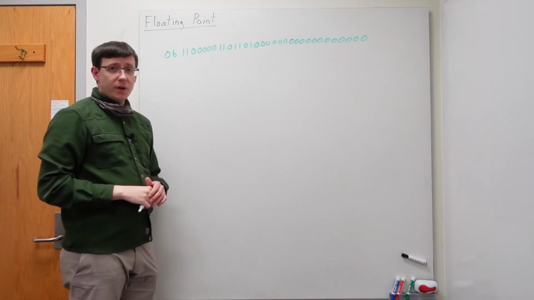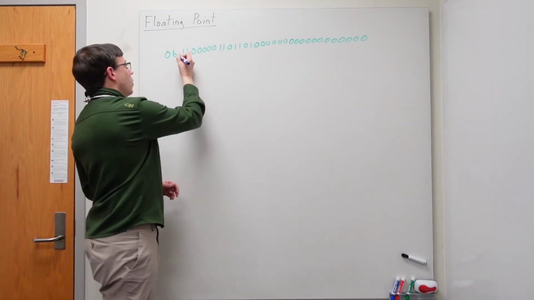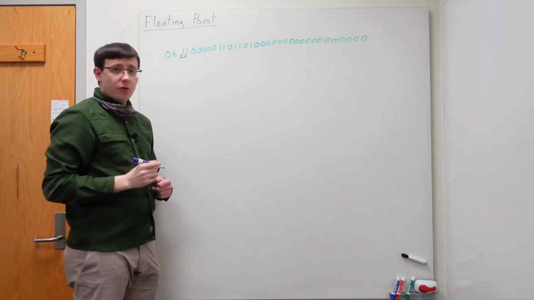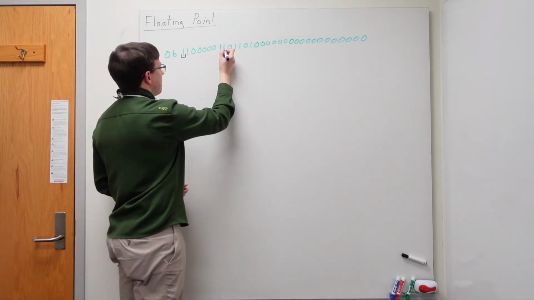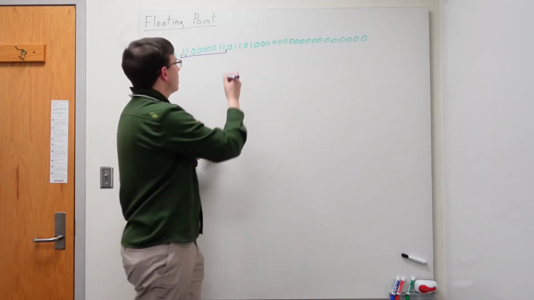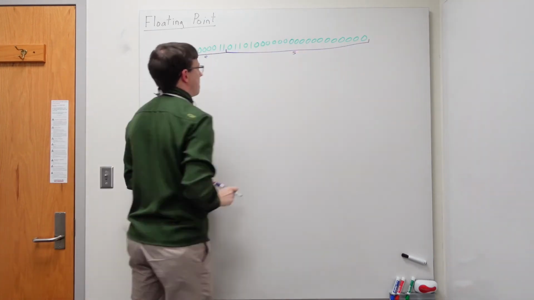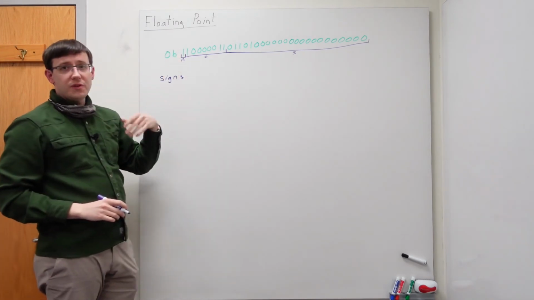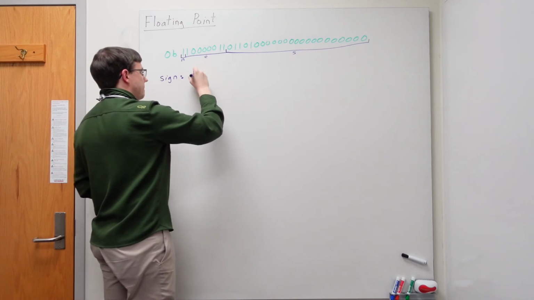For this 32-bit floating point value, we have 1 bit for the sign, then 8 bits for the exponent, and then 23 bits for the significand. Since our sign bit is a 1, we know that this is a negative number.